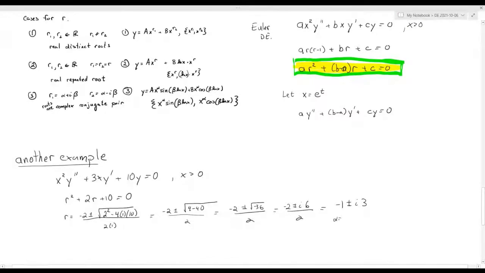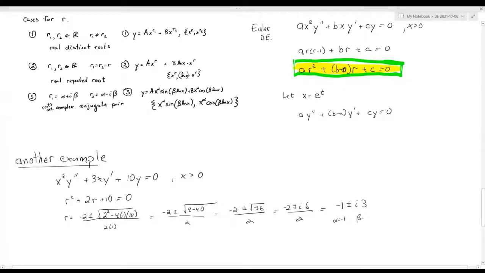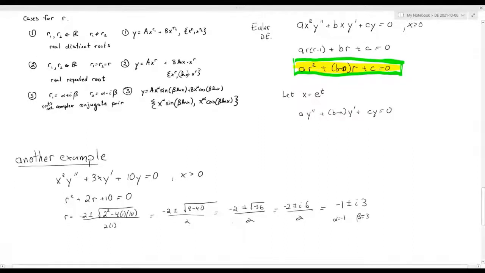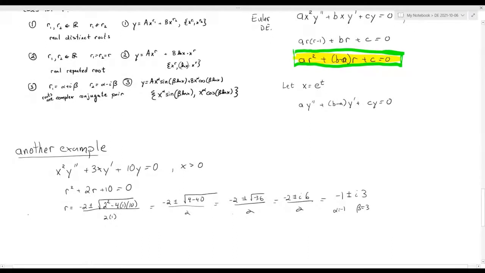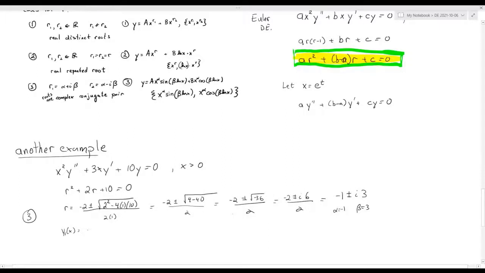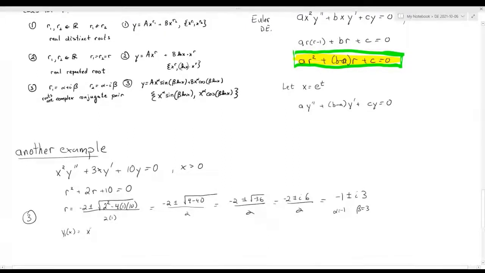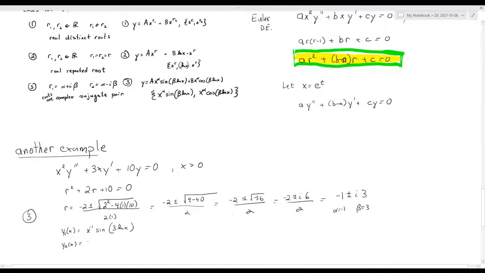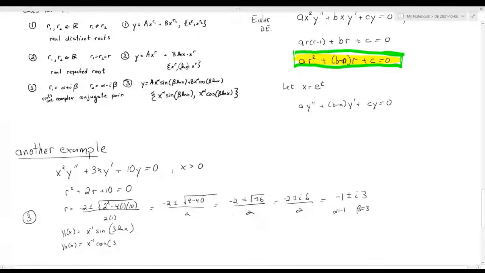The real part is -1, the imaginary part is 3 or -3. So this is the third case. So we know the fundamental solution set as a function of x. We have x to the alpha times sine beta times log x. The second independent function is going to be x to the alpha times cosine beta log x.